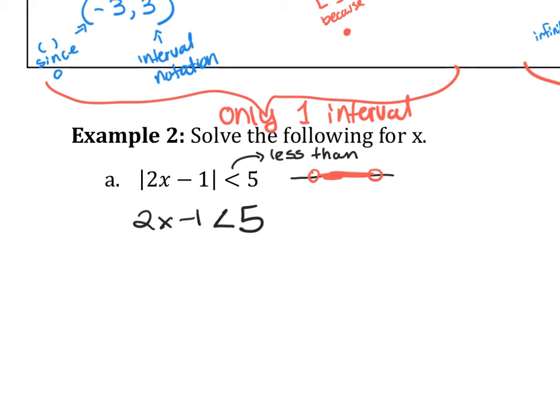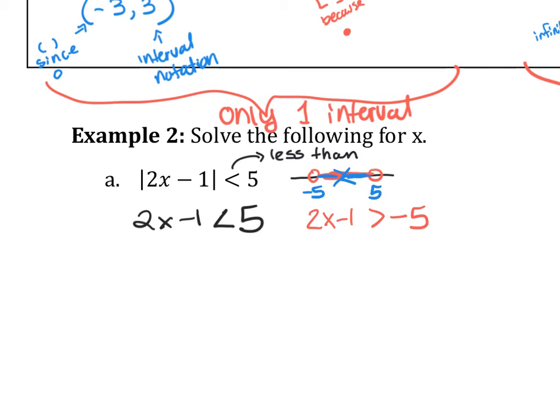That would give us this going this direction. But then we also need it to be greater than negative 5. So we're going to have 2x minus 1 greater than negative 5.